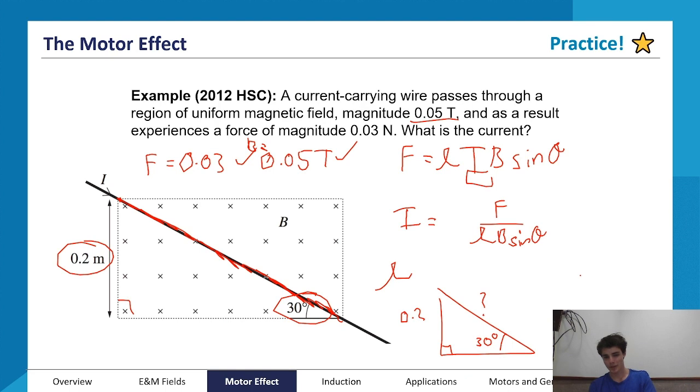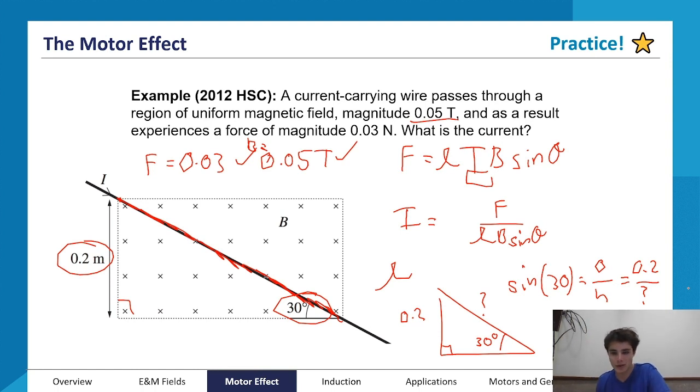So because we are interested in the hypotenuse and we know what the opposite angle is, probably what we should use is our sine. So we can say sine of 30 is equal to our opposite side divided by our hypotenuse. Our opposite side is what we know, which is 0.2 divided by our hypotenuse, which I've written as the question mark.